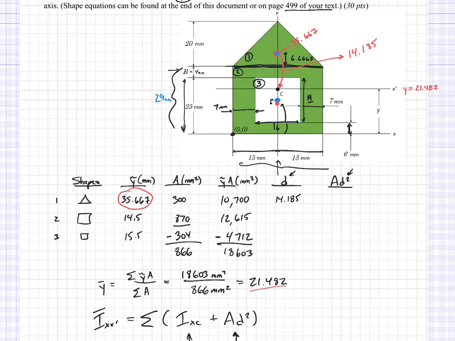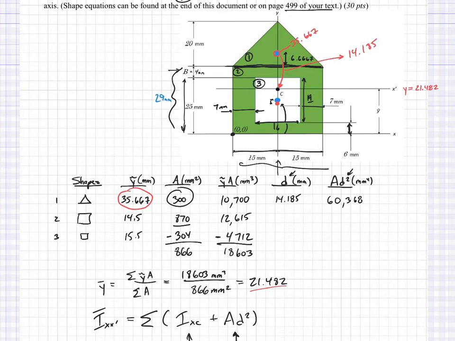But if I square that number and then multiply times the area, I'm going to get some really big numbers. Oh, wait, so this should have units of millimeters to the fourth. So this will be 660,368, like that.